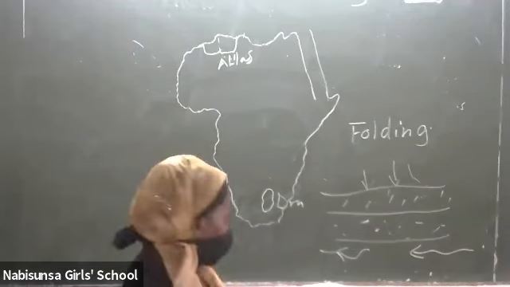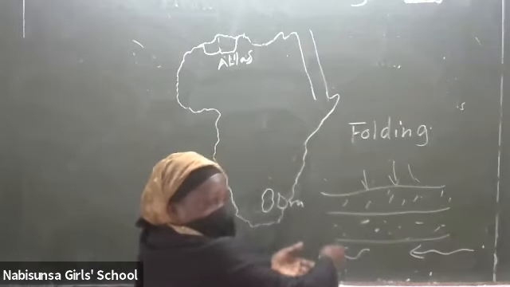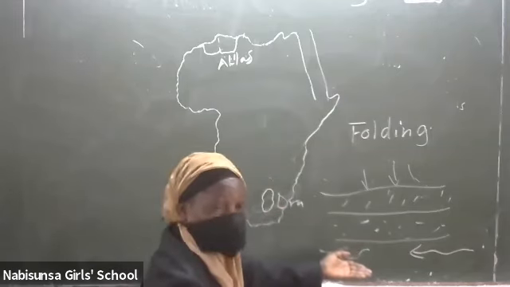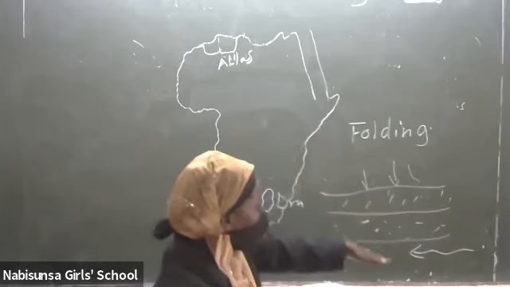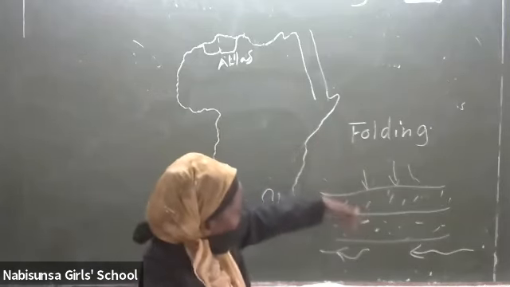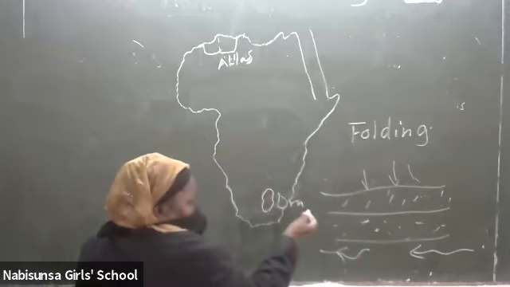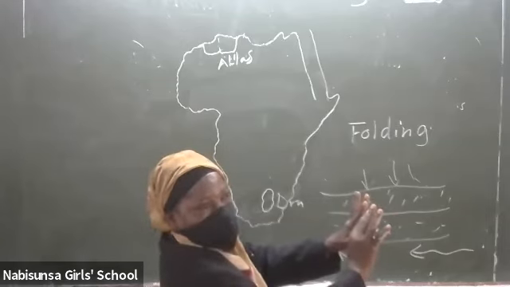Yes. So when they are moving, they keep on pushing whatever is on top. These things are taking place within the Earth's interior, but they affect the rocks which are overlying them. So when they are moving, they push them in one direction.